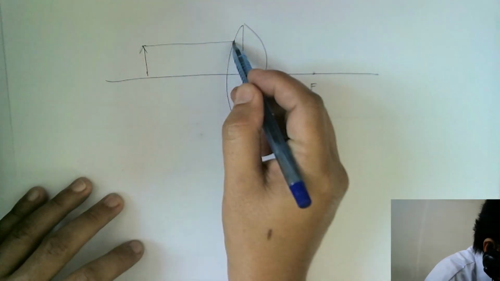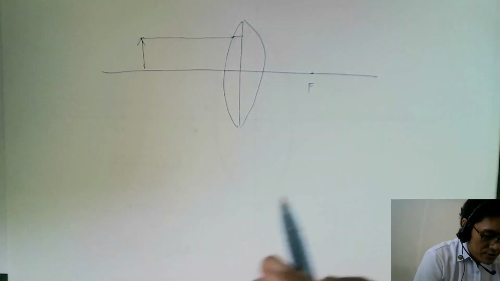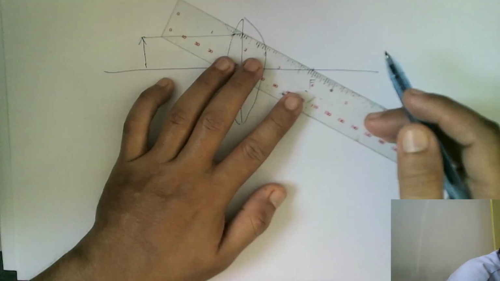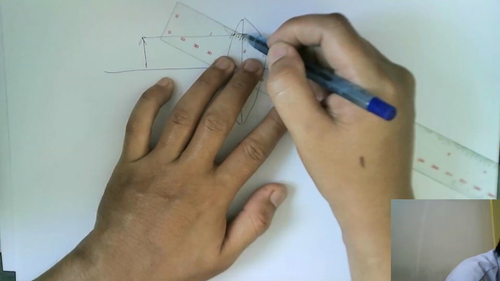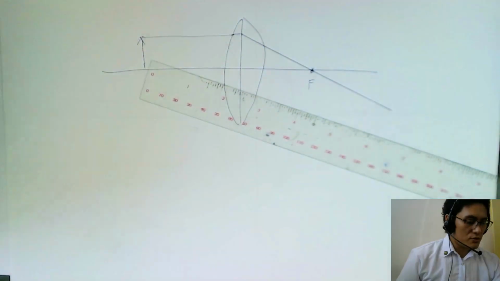What you do is you only stop when you hit the lens axis. And then when you hit the lens axis, that's when you change the direction of the light rays downwards. And it should pass through the focus.